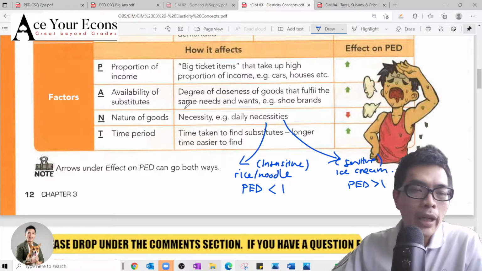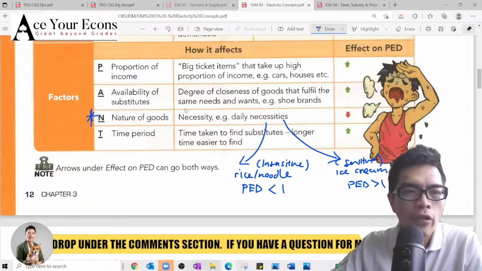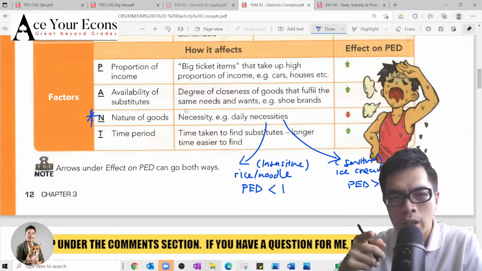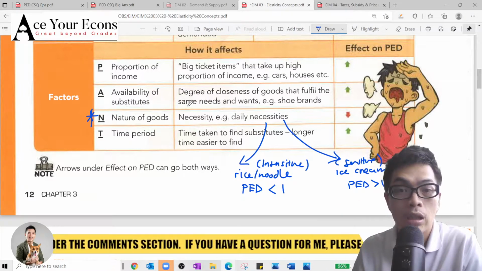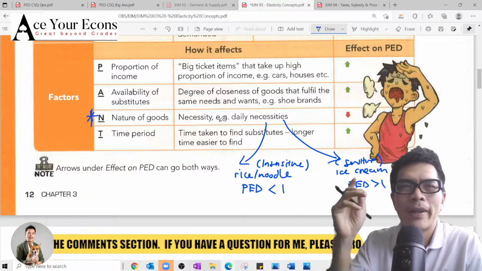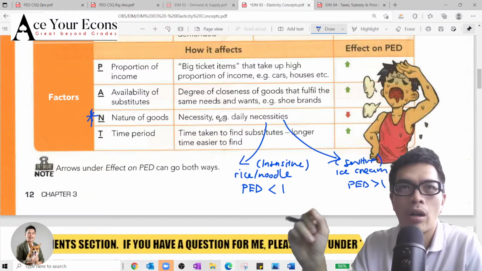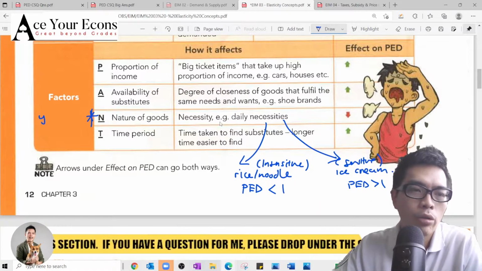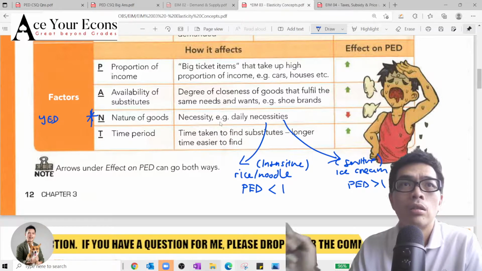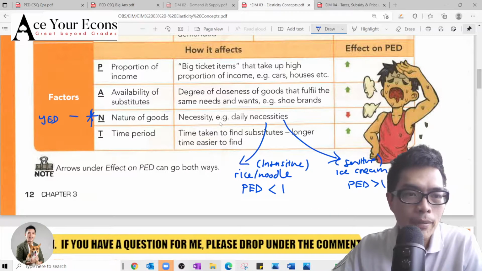So I want to make a mental note here, especially for my H2 students. A lot of students get this confused with YED, especially when the concept of necessity, luxury good comes in, they always get confused with YED. We shall be learning it next Saturday. These two are not the same.